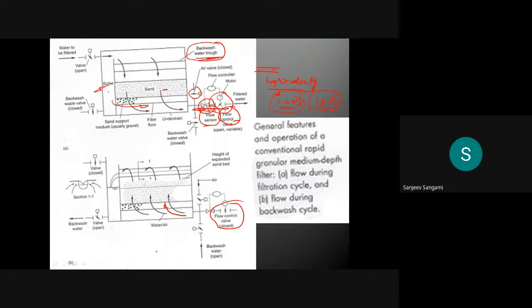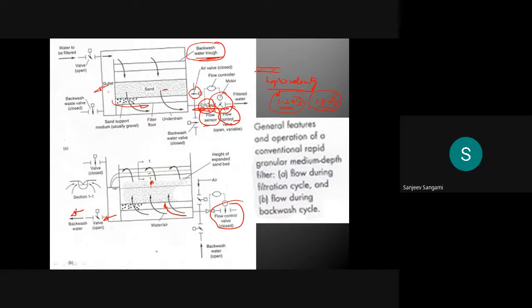So once it is done, whatever the bed is there will be lifted up and collected here. You can see this is the trough. It will be collected and go, and then the backwash water will go in this direction. You can see the direction here.